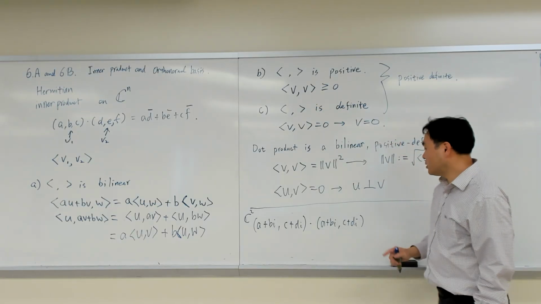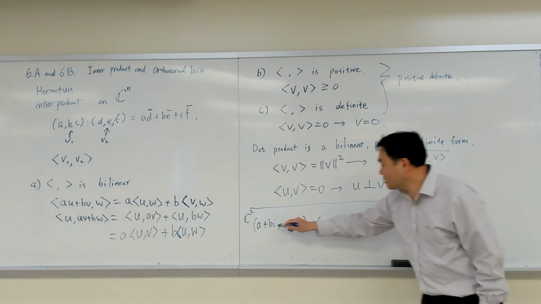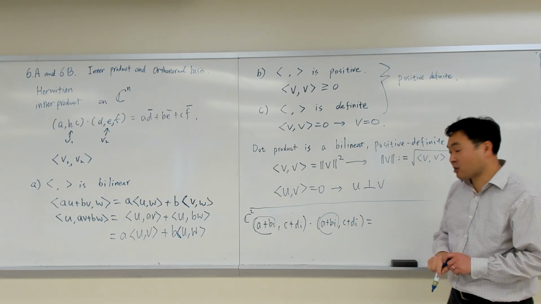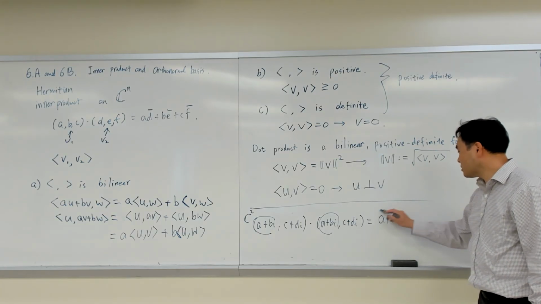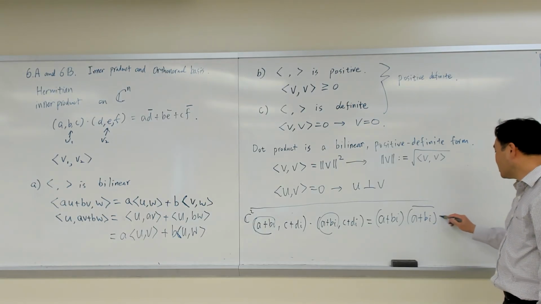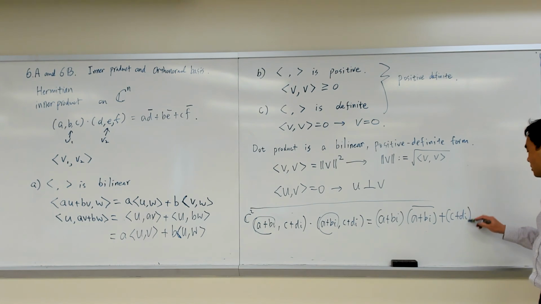The definition is it's this times this, except for the second one you have to take the complex conjugate. So you have A plus bi times the complex conjugate of A plus bi, plus C plus di times the complex conjugate of C plus di.